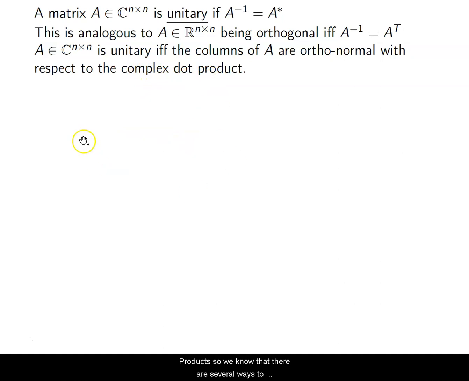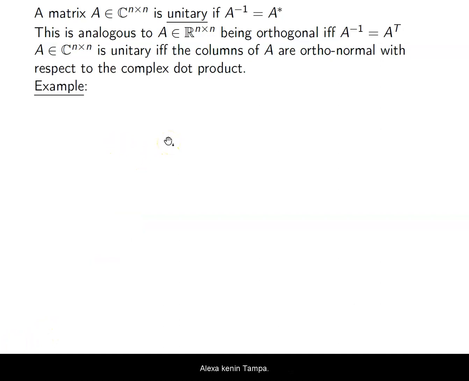We know that there are several ways to define an inner product, and the standard Euclidean dot product in R is analogous to the complex dot product in our complex inner product spaces. It has very important properties. It's the common inner product for complex vector spaces. So if our columns are orthonormal with respect to this, then we can say that our matrix is unitary.